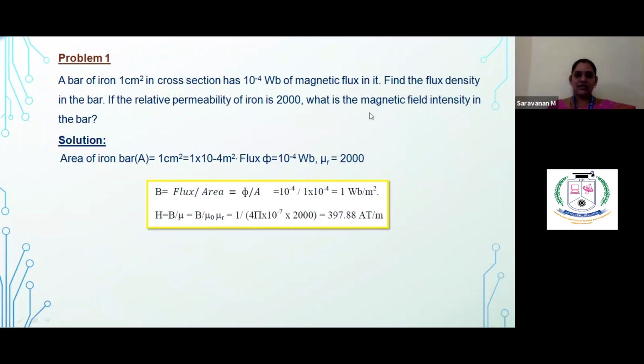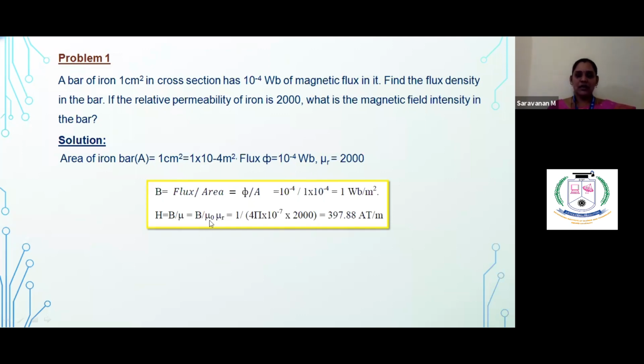Here they have asked you to find the magnetic flux density B, as well as the magnetic field intensity. So what is the formula for magnetic flux density? B is given by flux divided by area. Similarly, what is the formula for magnetic field intensity H? H is B by mu, and mu is the permeability, which can be written as mu naught into mu r.